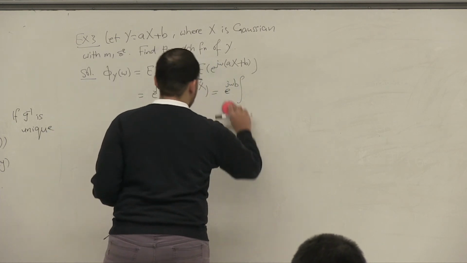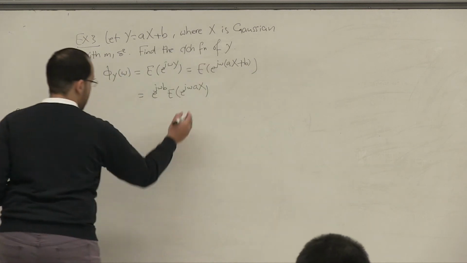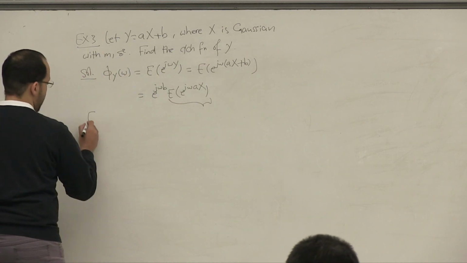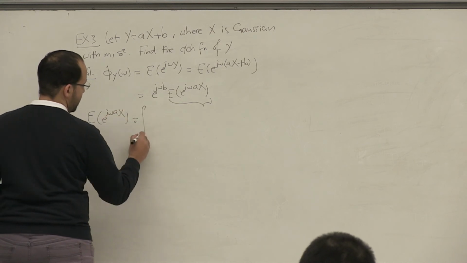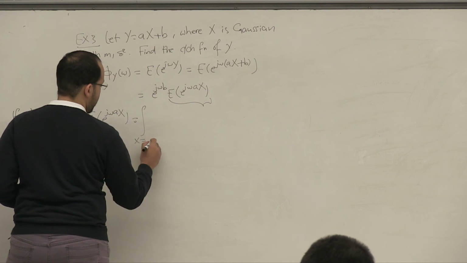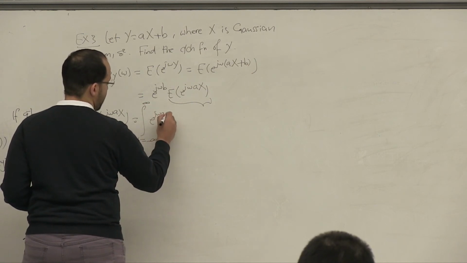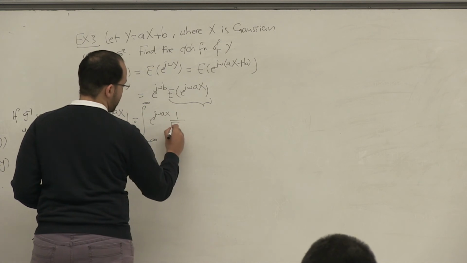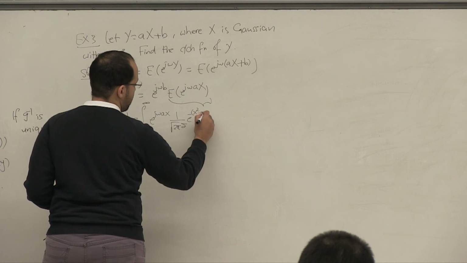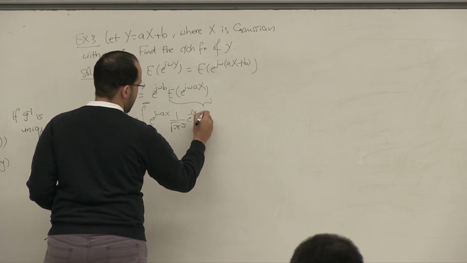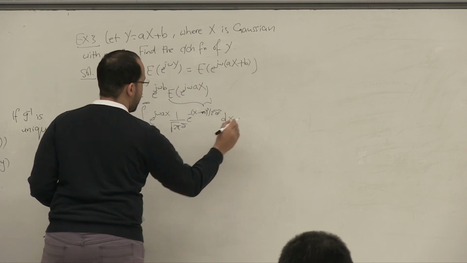Well, we can actually try to get this guy directly and then return to this equation. Let's try to get this guy. The expected value of e to the j omega ax is the integral from x equals minus infinity to infinity of e to the j omega ax times 1 over square root of 2 pi sigma squared, e to the minus (x minus m) squared over 2 sigma squared, dx.